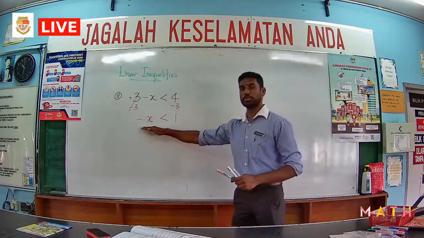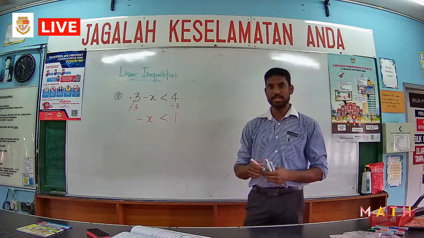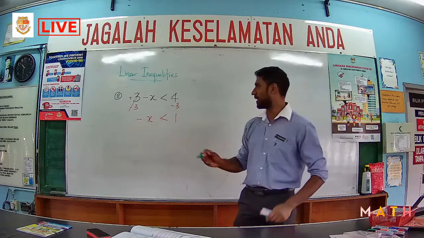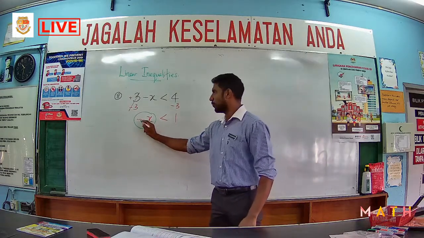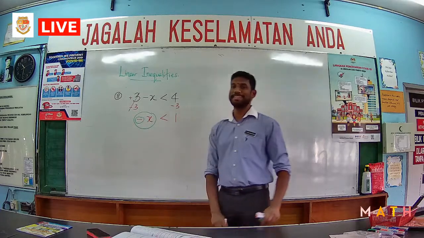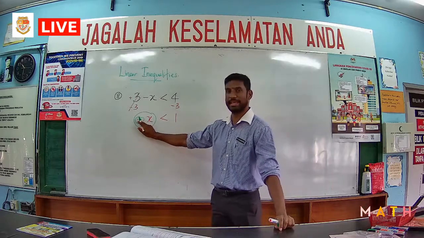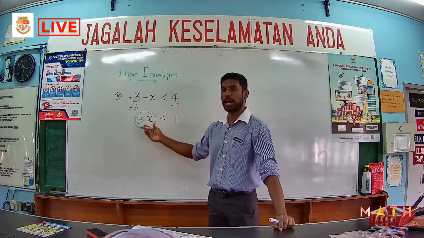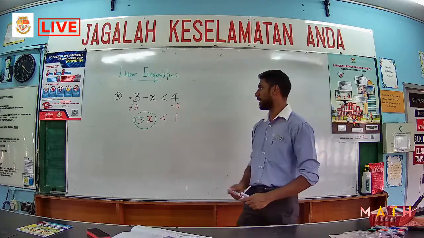If we stop here, class, our answer is not complete. This is where you need to be very careful. The unknown, we will never have the negative sign. You cannot stop your answer with the negative unknown. So how are we going to eliminate the negative? Very simple idea.